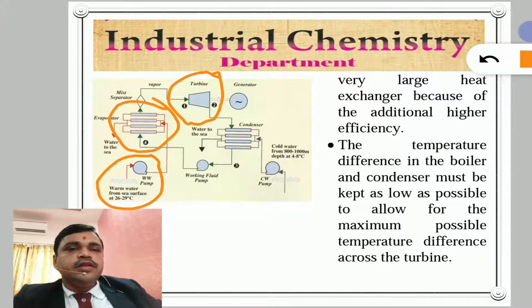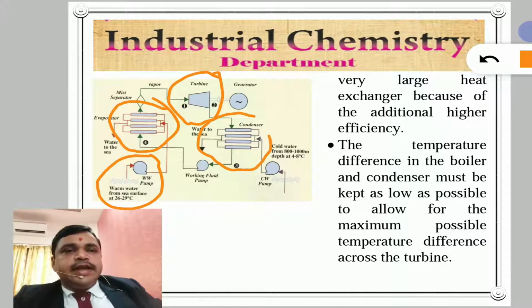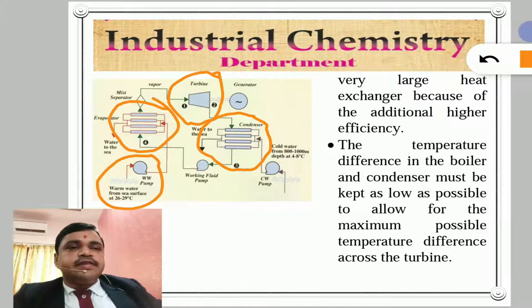Now the low efficient vapor is passed into the condenser where it is condensed and forms liquid. So the condensate is condensed in the condenser. Now this liquid continues to the evaporator and then the turbine and condenser. So here is a closed system.